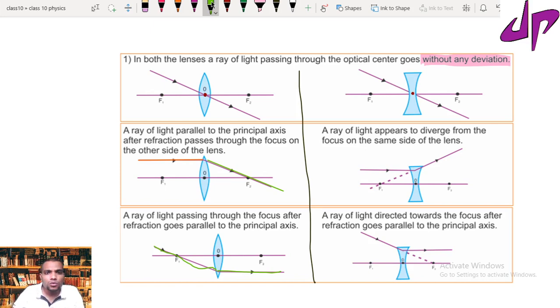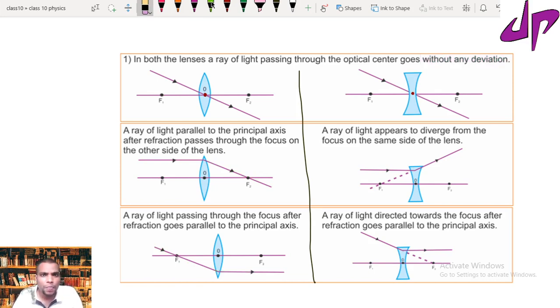So this rule is opposite to the earlier ones. A light ray which is passing through the focus, after refraction, goes parallel to the principal axis. So these are three very simple rules for the convex lens.